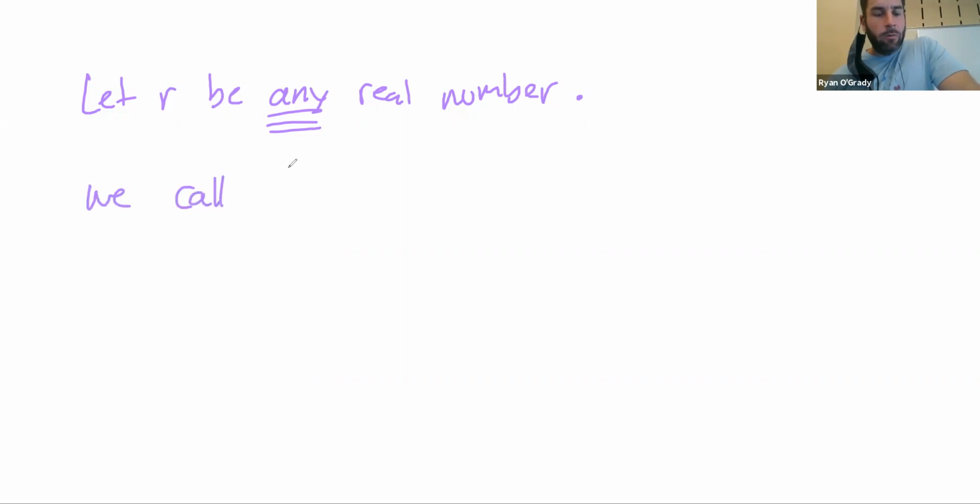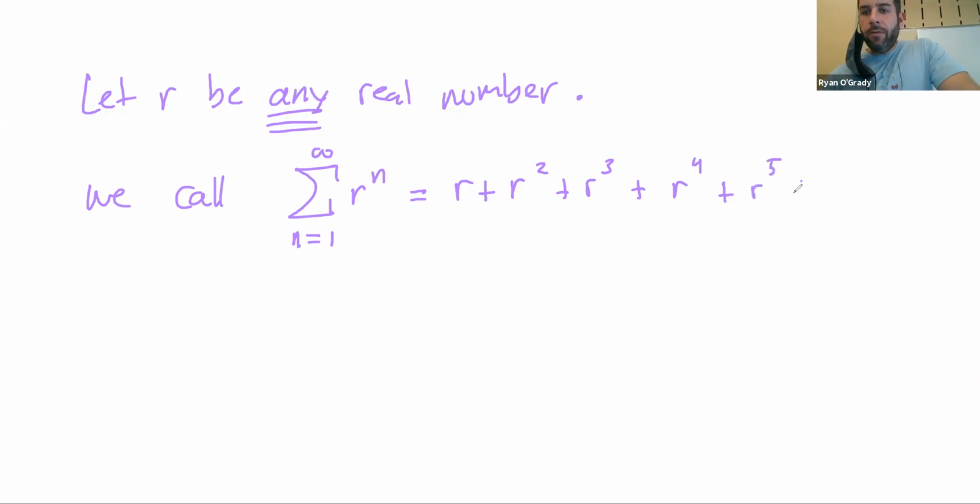We call this creature, the sum of r to the n, n goes from 1 to infinity, this thing, what is this? This is r plus r squared plus r cubed plus r to the 4th plus r to the 5th, and this goes on forever. We call this a geometric series.